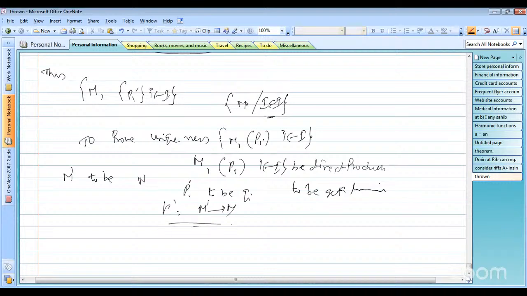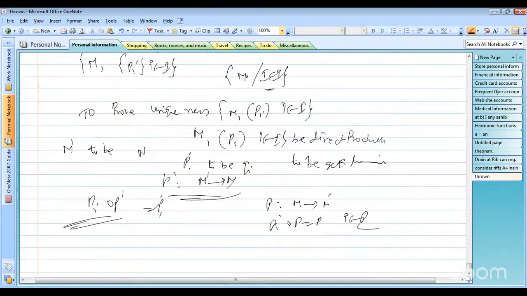By taking p dash to M dash, pi circle of p dash is also pi dash. So pi circle of p dash is equal to pi dash for i belongs to I. Therefore, by interchanging the roles of M and M dash, we get a homomorphism p from M to M dash such that pi dash circle p is equal to p_i for all i belongs to I.